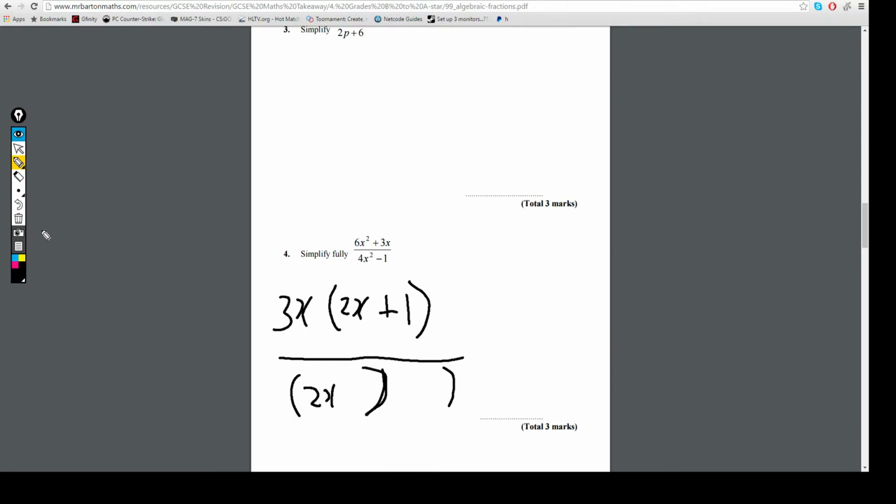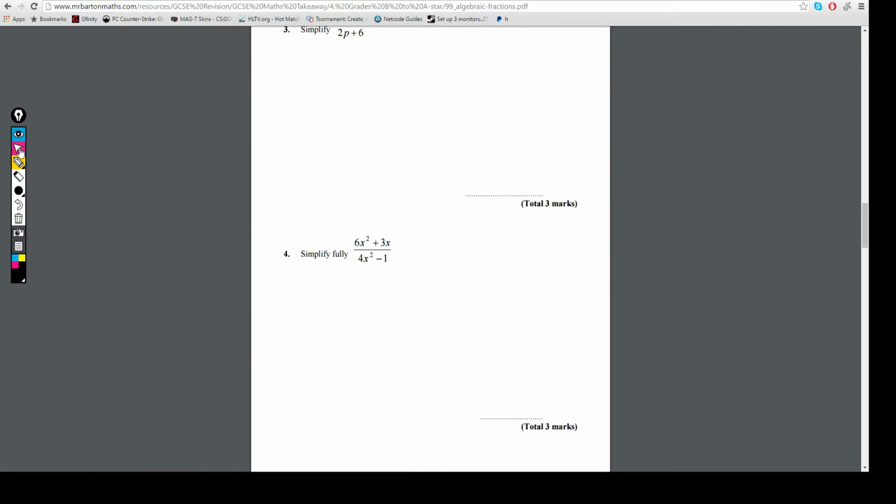And it's going to be 2x plus 1 and 2x minus 1. And then these two will cancel out, and on top we'll have 3x over 2x minus 1. And that is the correct answer for that one.